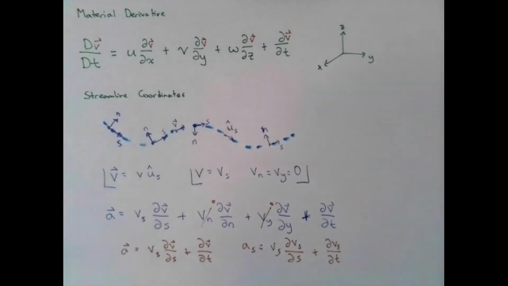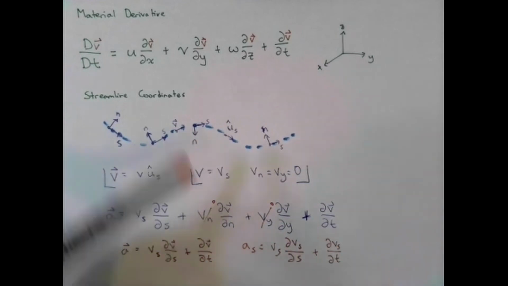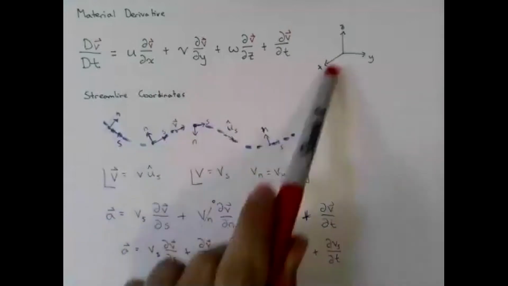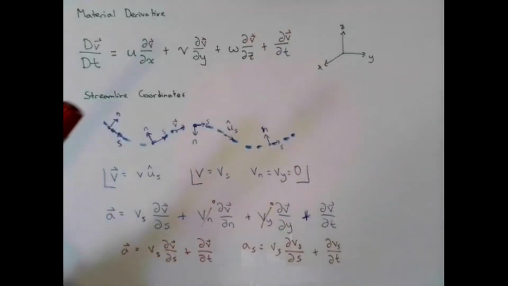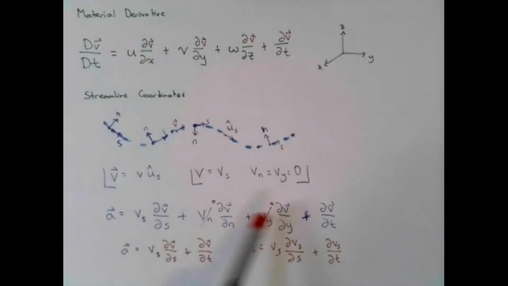So why do we do all this, right? We can do all this because looking at our fluid in streamline coordinates is going to simplify our calculations. We take what's essentially a 4 times 3, a 12-term equation, and we simplify it into a 2-term equation.